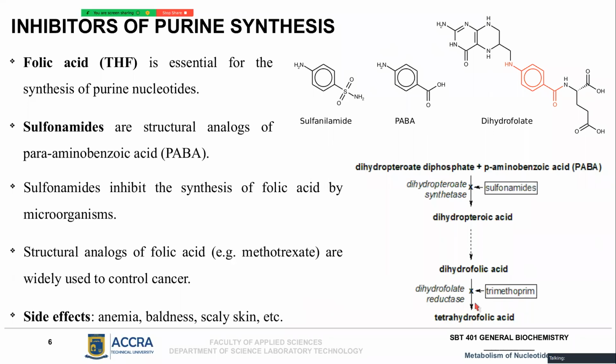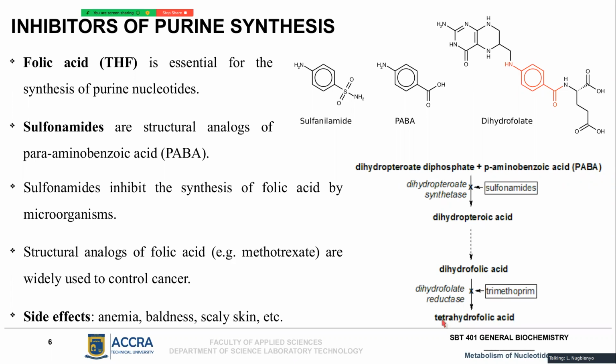It acts on dihydrofolate reductase, so that this reaction does not continue. You see that that reaction will not proceed. What it means is that cancer cells will not be able to reproduce and multiply to form tumors. And with time, you would have been able to destroy these cancer cells.